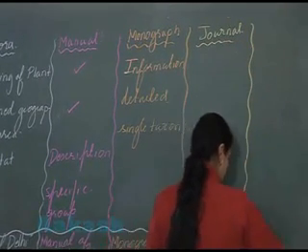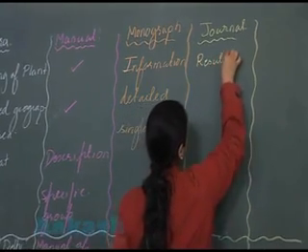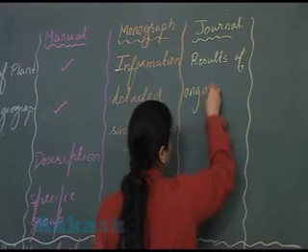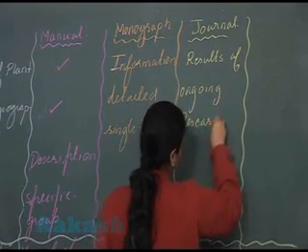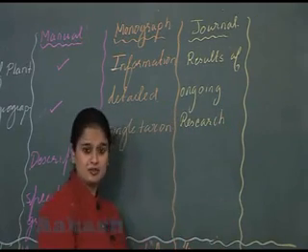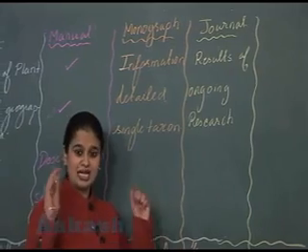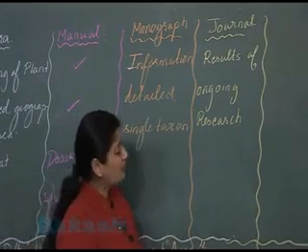Journal will have the results of ongoing research. Journal will have the information of current research. So it means any new discoveries, any current research, is going to be published in a taxonomic aid.